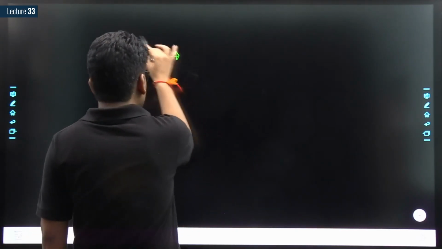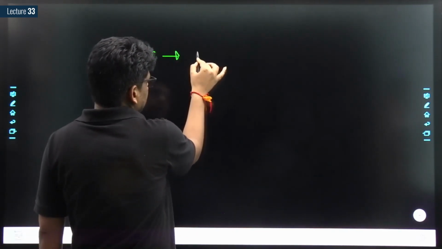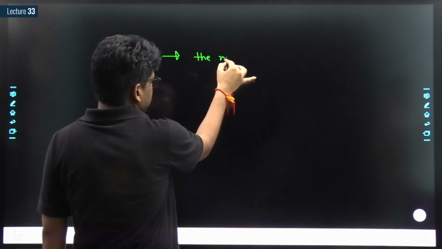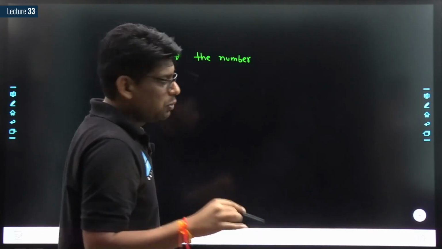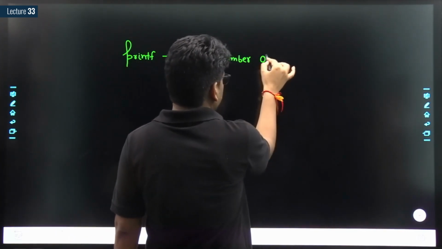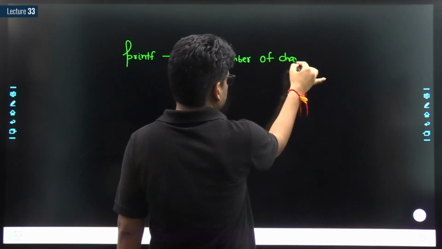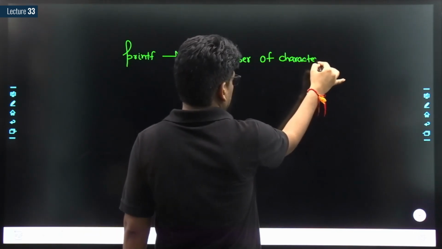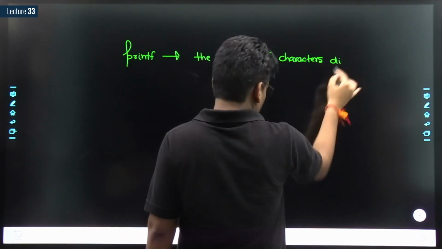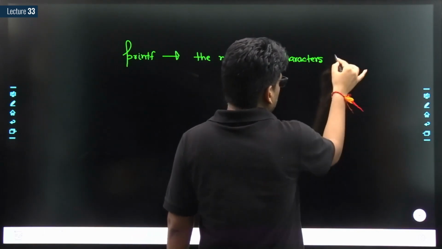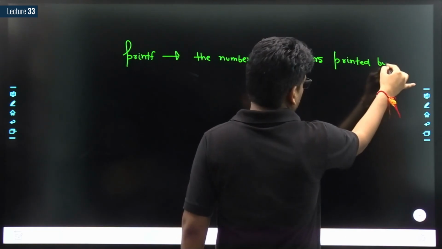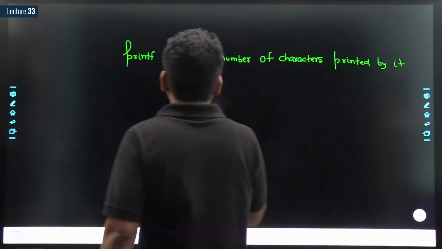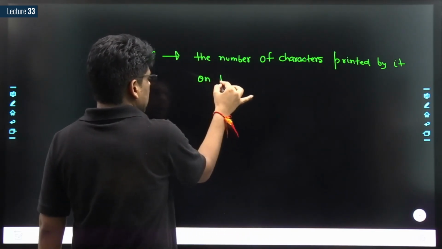Sir, the value associated with printf is a number, that means it must be an integer value: the number of characters displayed or printed by it on the output screen.